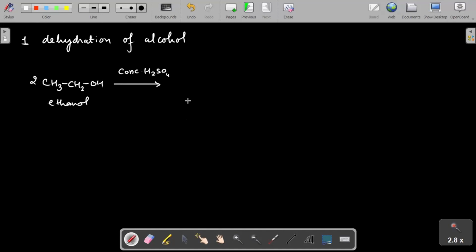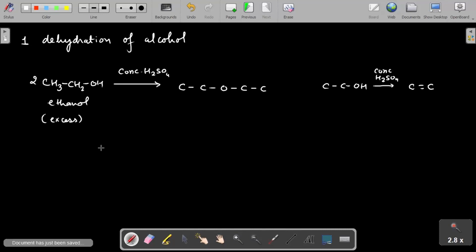We have already done it before. What we get here is CH3CH2OCH2CH3, diethyl ether. If we take only one molecule of ethanol and do the same reaction, the product is different in this case. So we have to take alcohol in excess and concentrated sulfuric acid comparatively low. Temperature is 413 K.